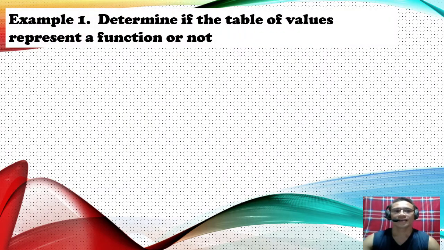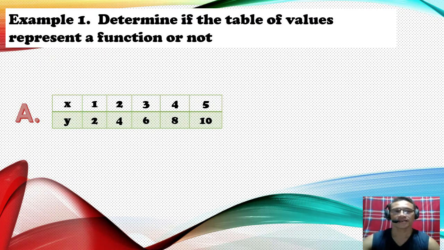Okay. Let us find this example. Determine if the table of values represents a function or not. Letter A, you have the x elements 1, 2, 3, 4, and 5. In letter B, you have the y elements 2, 4, 6, 8, 10.